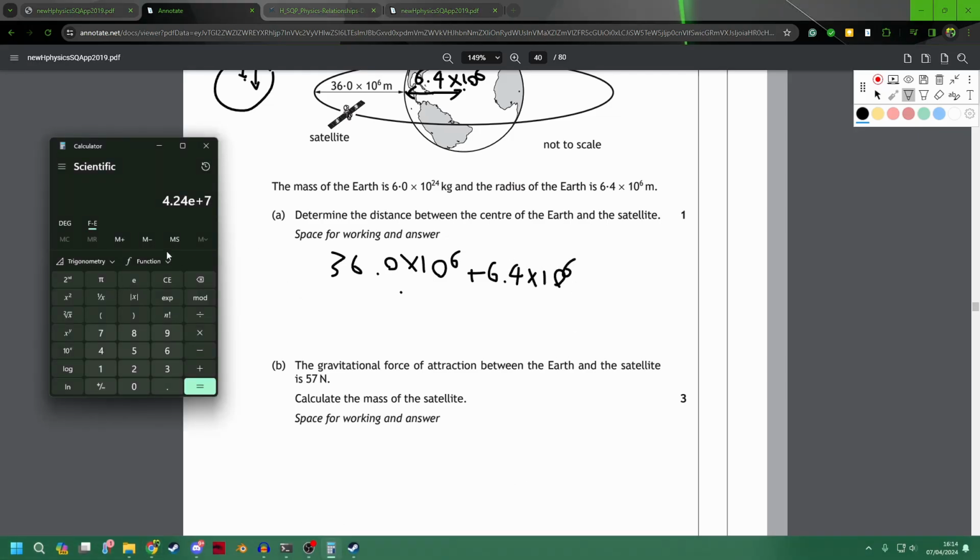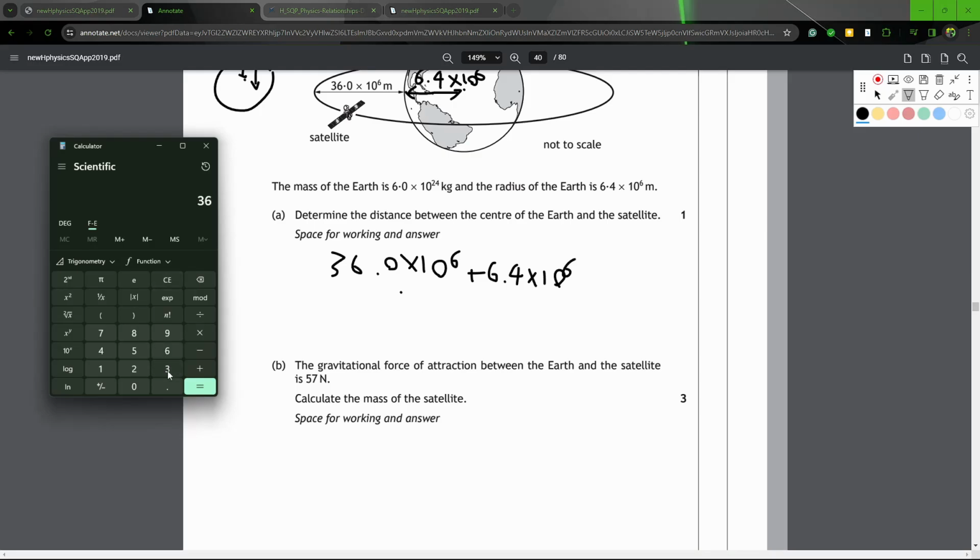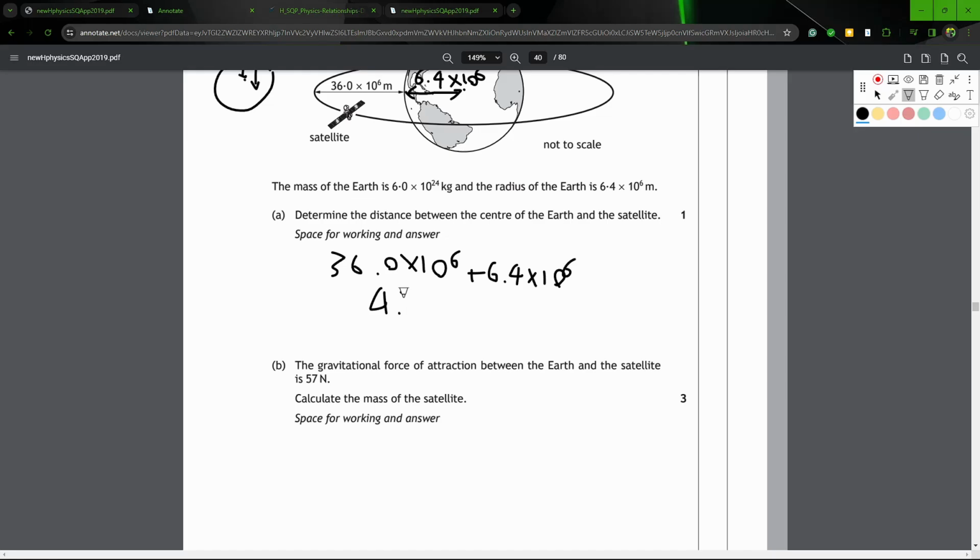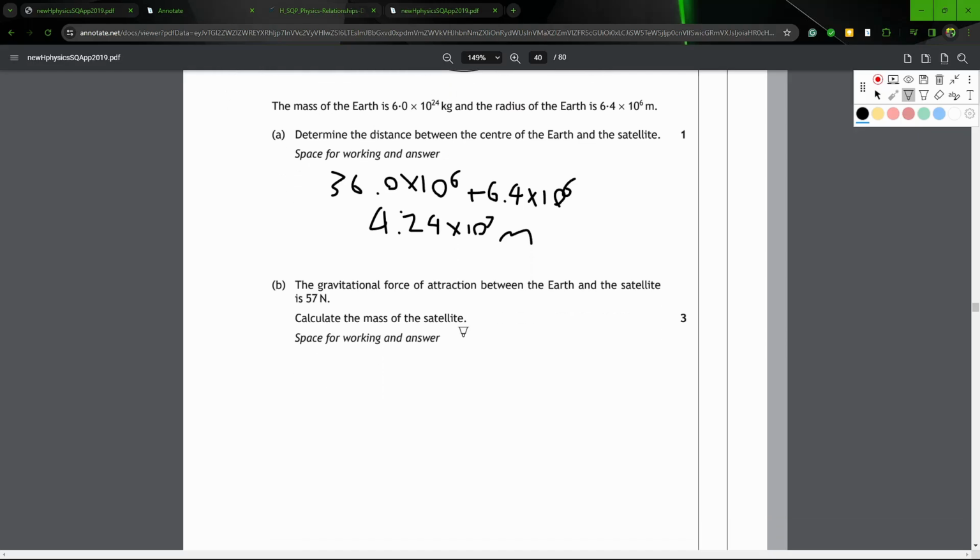Beautiful, and hop to our calculator. 4.24 times 10 to the 7, and it's in meters. That's perfect.